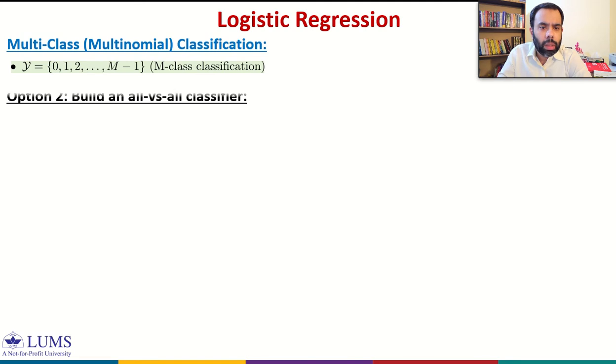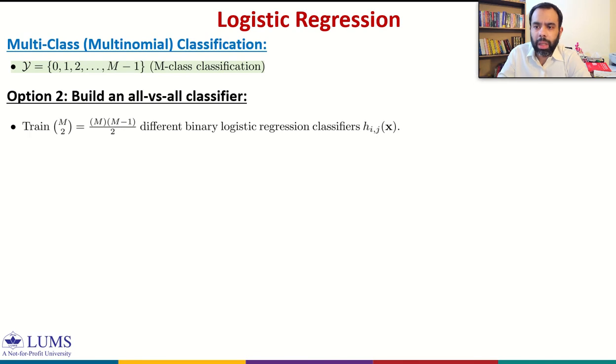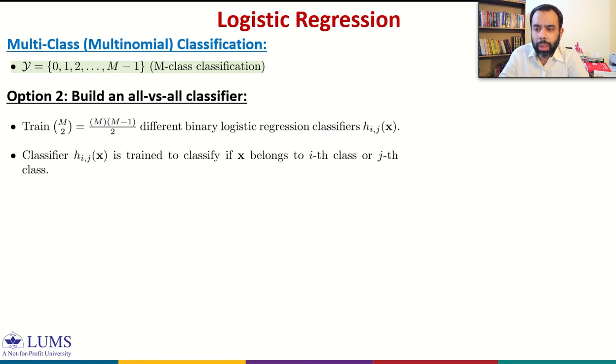The other option was to build an all versus all classifier. The idea here is that we construct m choose two different binary logistic regression classifiers. We want to compare each class with every other class. That's why we need a very large number of classifiers, m choose two. For example, classifier hij is trained to classify if x belongs to the ith class or the jth class.